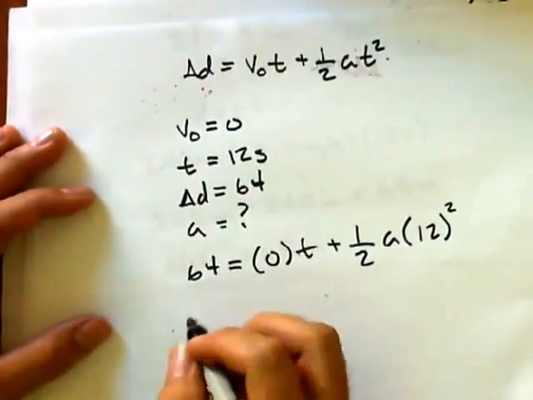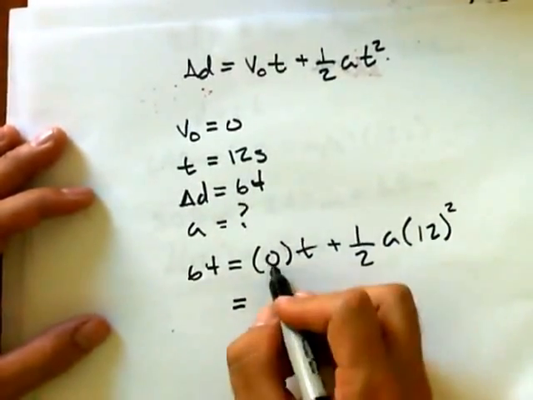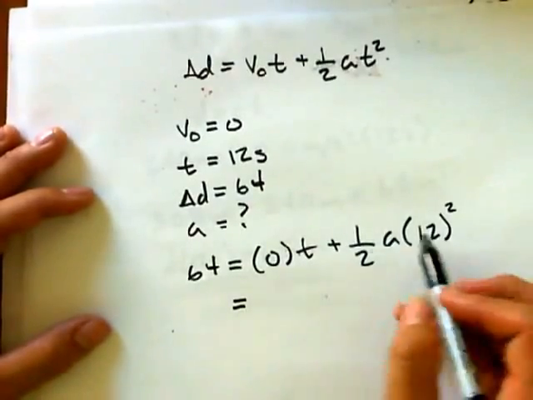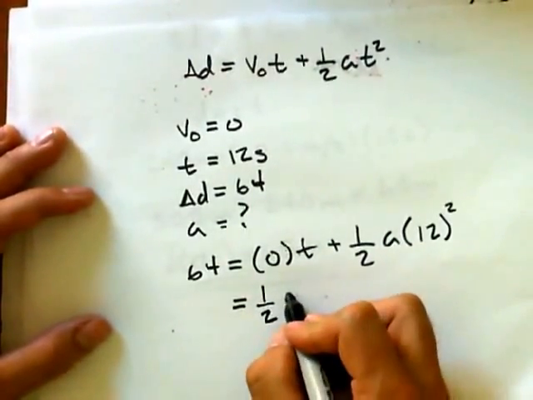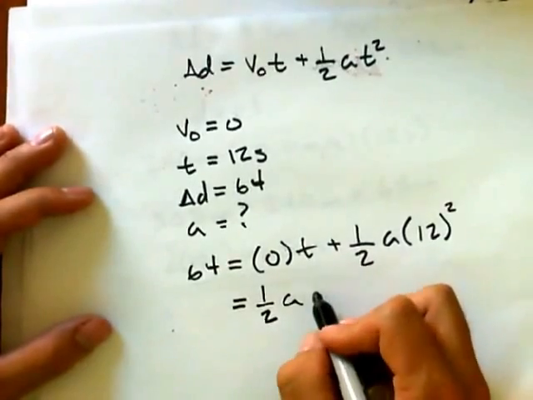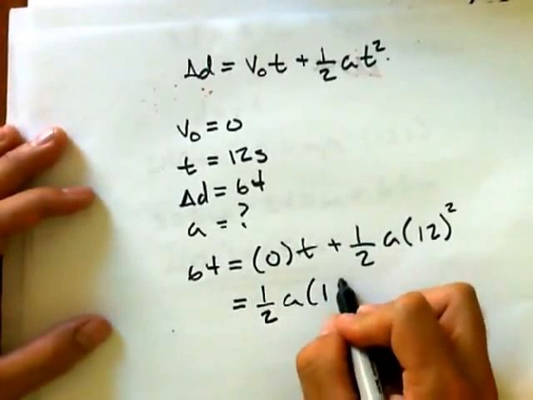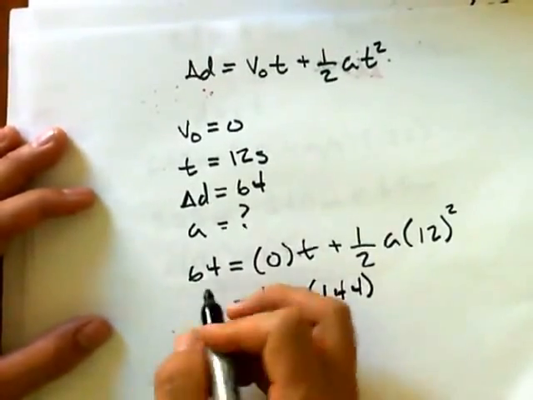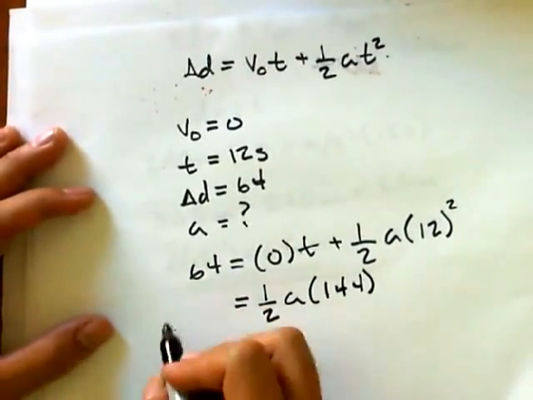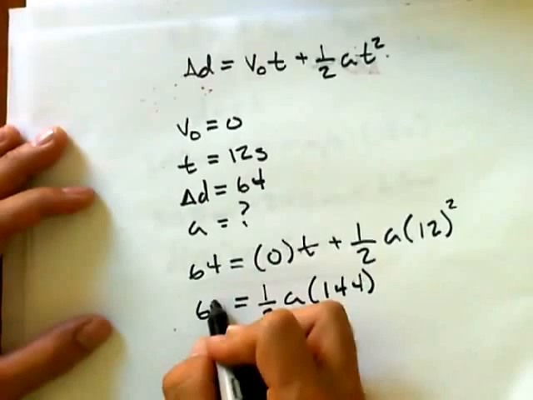Okay, so this factors down to 0, and we're left with 1/2 a times 144, which is just 12 squared, equals 65.